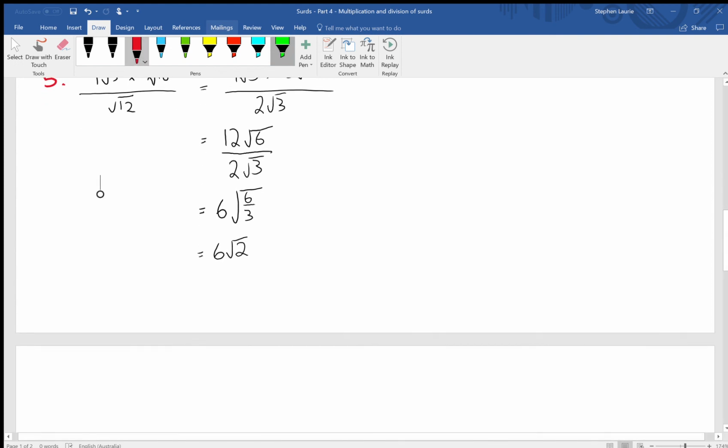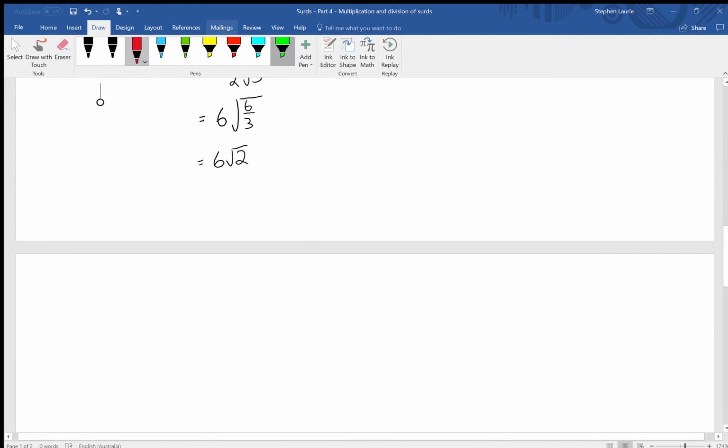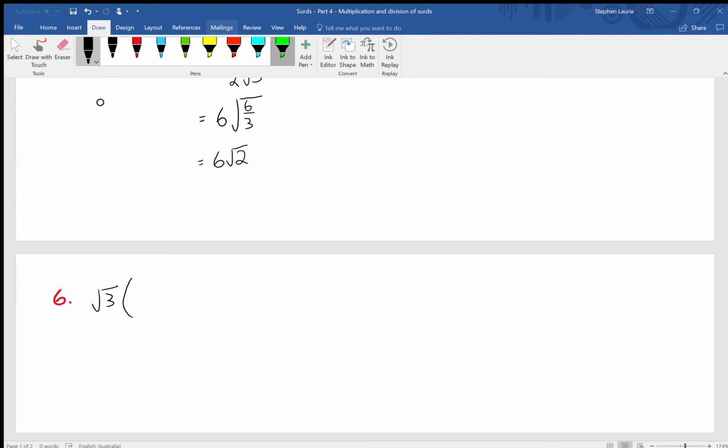Alright, final example, example 6. The square root of 3 multiplied by 2 root 3 minus root 5. So you can see here that we're incorporating brackets. All we need to do is expand those brackets.